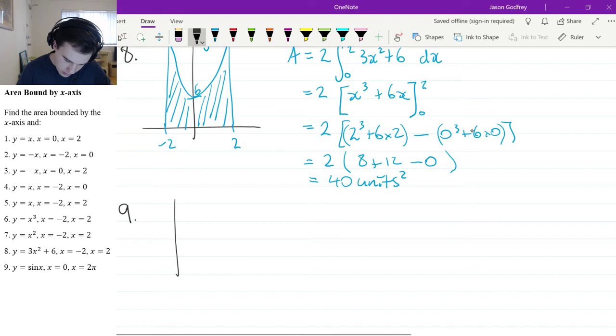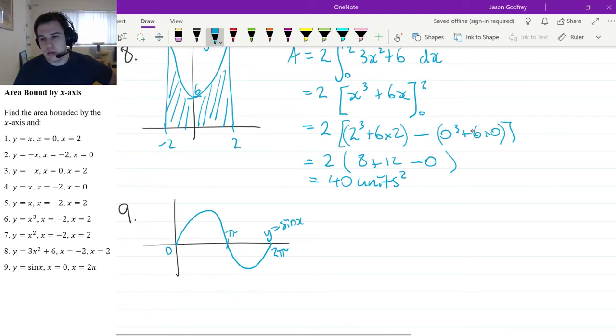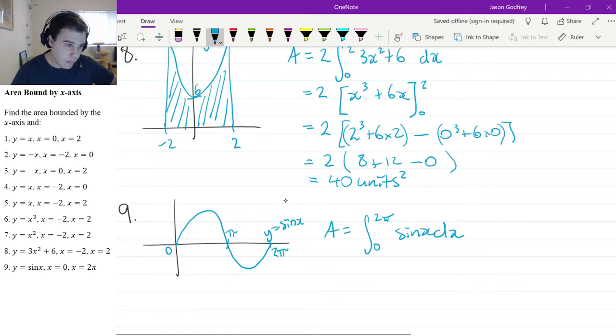So let's sketch sine x from 0 to 2 pi. What's in the middle? Pi. Now, what's going to be the problem if we just integrate sine x from 0 to 2 pi?